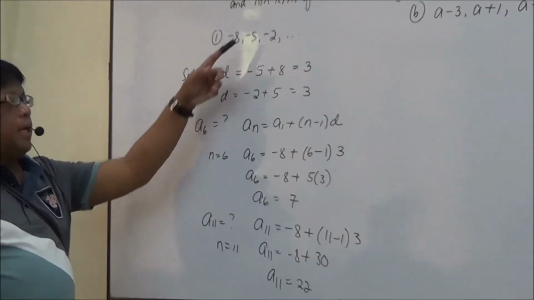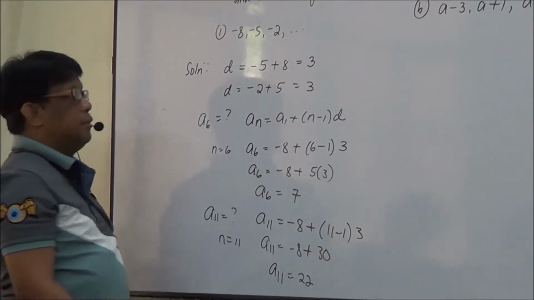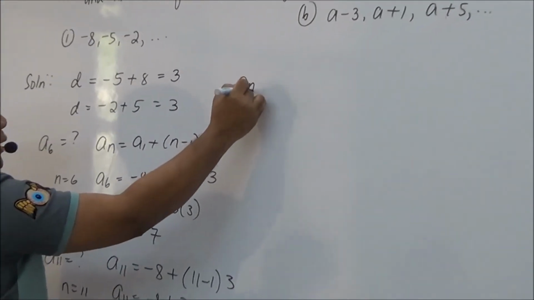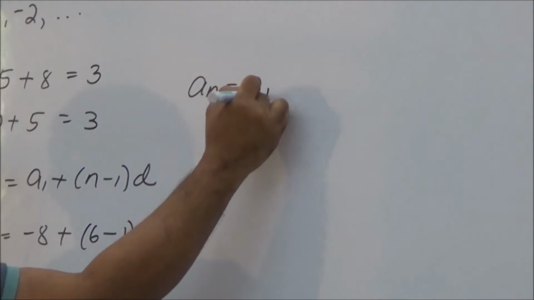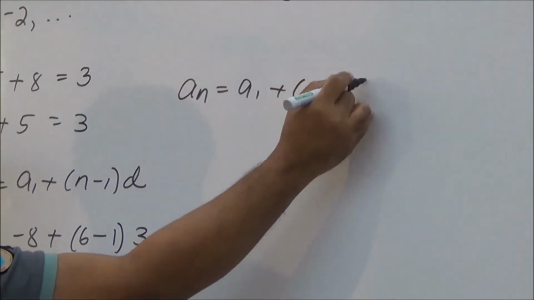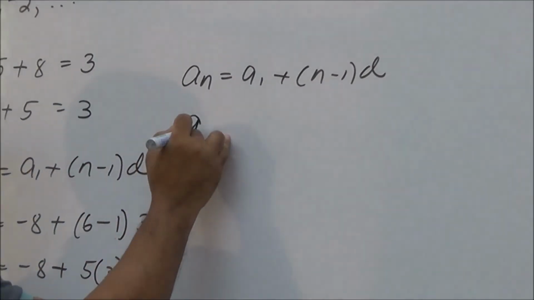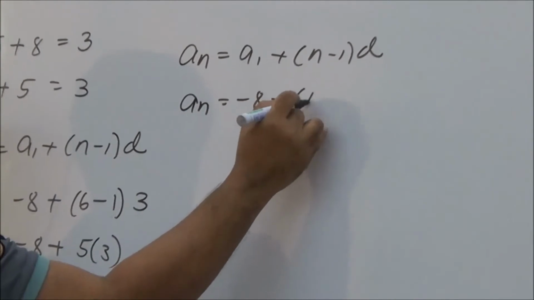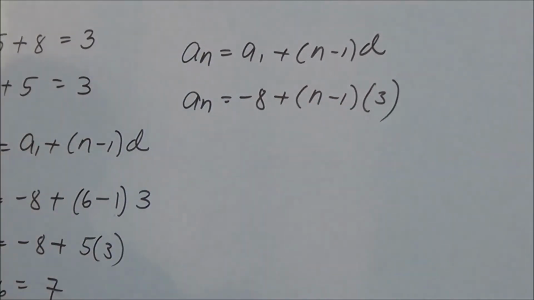And defining now the nth term of the arithmetic sequence, meaning the formula for the nth term of the arithmetic sequence, let us make use of the formula now. A sub n equals a1 plus n minus 1 times d. Okay? So that's a sub n now equals a1, which is of course negative 8, plus n minus 1 times d, and d equals 3.